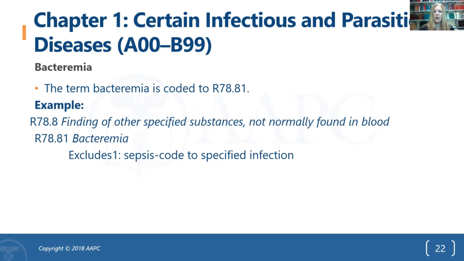The concern with occult bacteremia is that it could progress to a more severe local or systemic infection if it's left untreated. The term bacteremia is coded R78.81. There is an Excludes1 note, meaning never code here for sepsis, with an instructional note leading you to the code range A00 through B99.